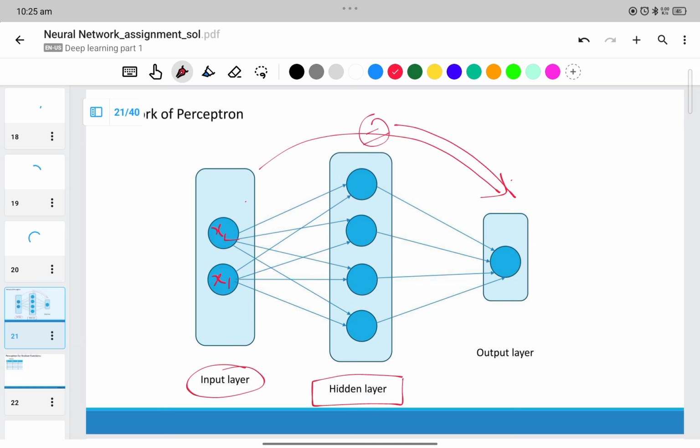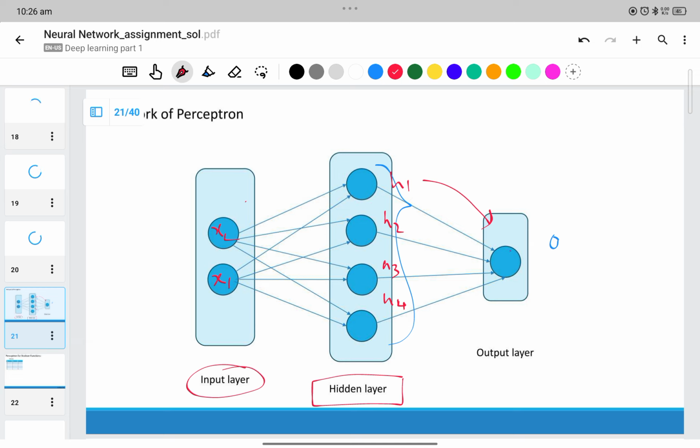Here we will not go directly to the output, we will have a hidden layer. A hidden layer is nothing but some neurons that lie between input and output. We first calculate these outputs, let's say h1, h2, h3, h4, and we take these outputs as input for the next layer and get the desired result.